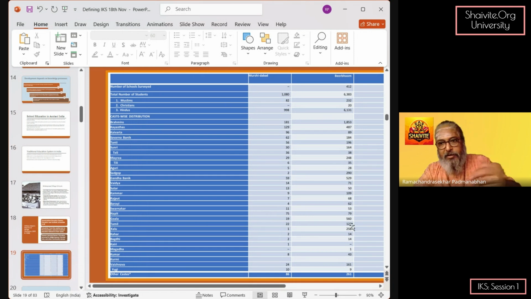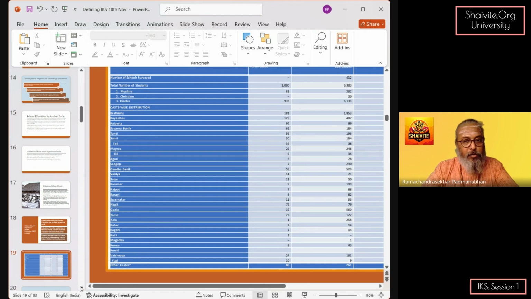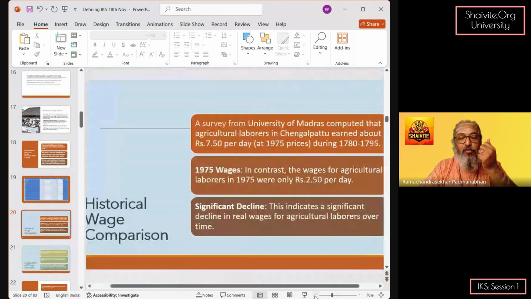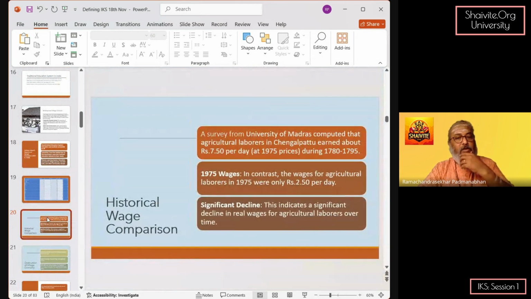So this will clearly tell us that our Indian education system was inclusive, or else we could not have achieved the kind of progress if the workforce is not skilled. So in the next session, we will try to see what was the holistic approach towards education.